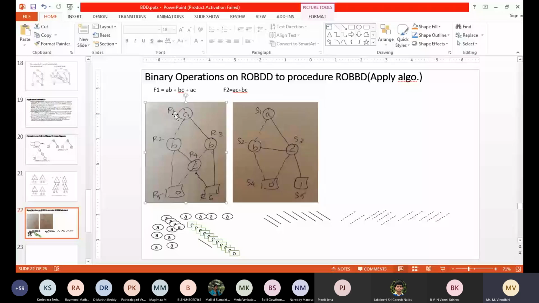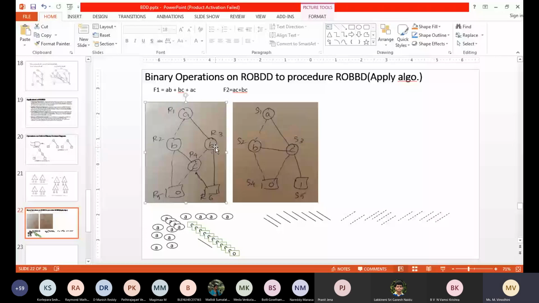Okay, now let me explain how I have written this. R1 is a variable I have assigned for the root node. This root node has two branches. Both the branches are going to B. Even though both are B, forget about that. For each intermediate node, you have to assign a variable.